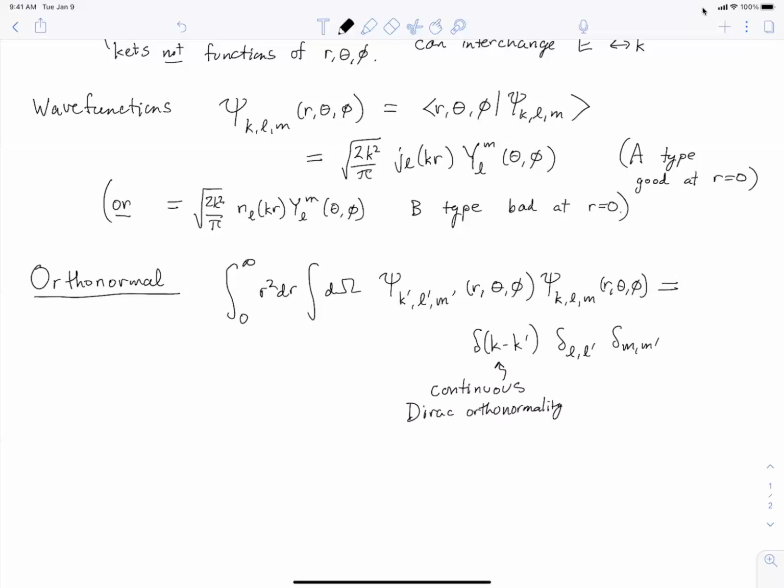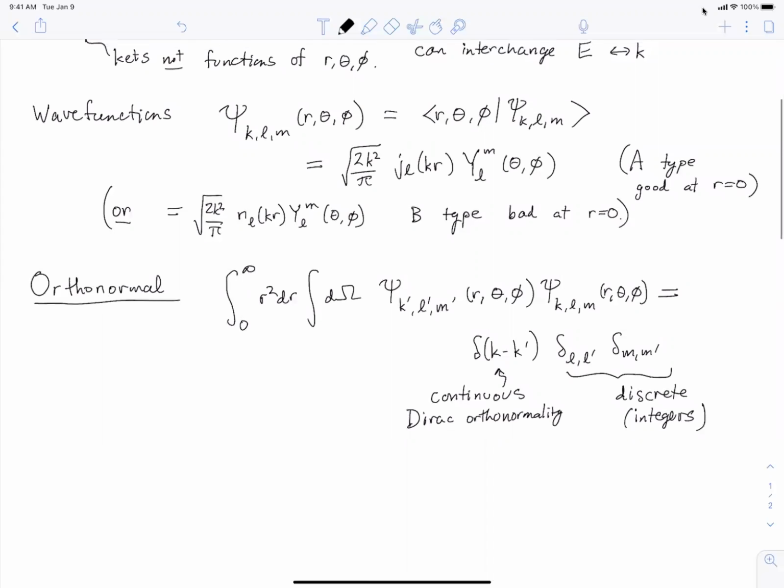But the L and M labels are discrete because in fact they are integers. And so there we're using the ordinary orthonormality, and the whole thing has a product of those two kinds of orthonormality within it.